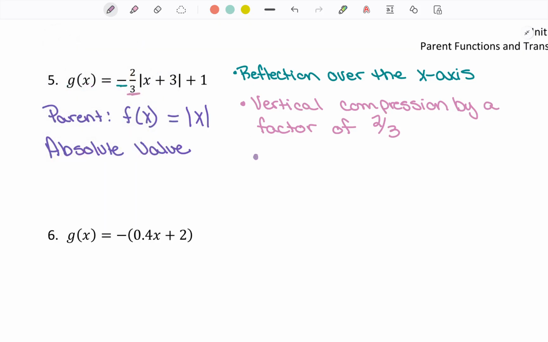Then the plus 3 inside the absolute value is a shift 3 units to the left. And then finally, the plus 1 on the very end is a shift 1 unit up.